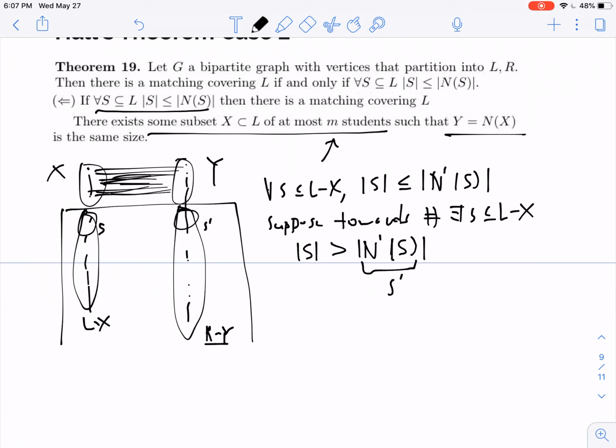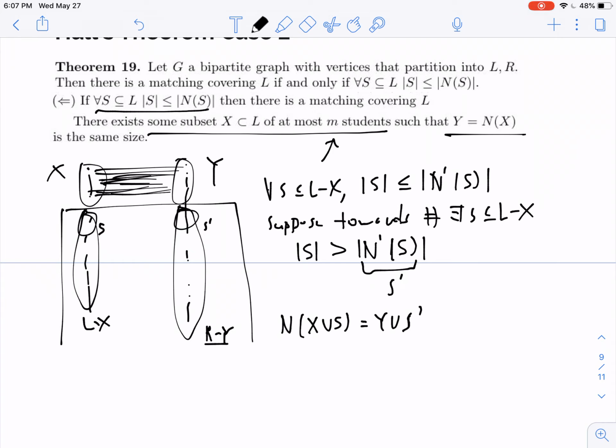I claim there's going to be a contradiction here, because consider the overall neighbors in the entire graph of X union S. We know the neighbors of X are all in Y, since the students in X all prefer tutors in Y, and students in S all prefer tutors in S prime. So the neighbors of X union S are just Y union S prime. Mathematically, the students in X union S prefer the tutors in Y union S prime.